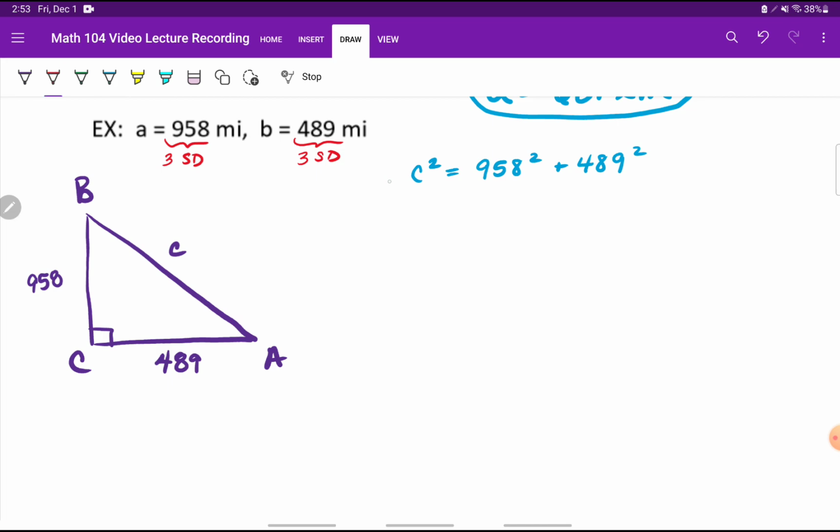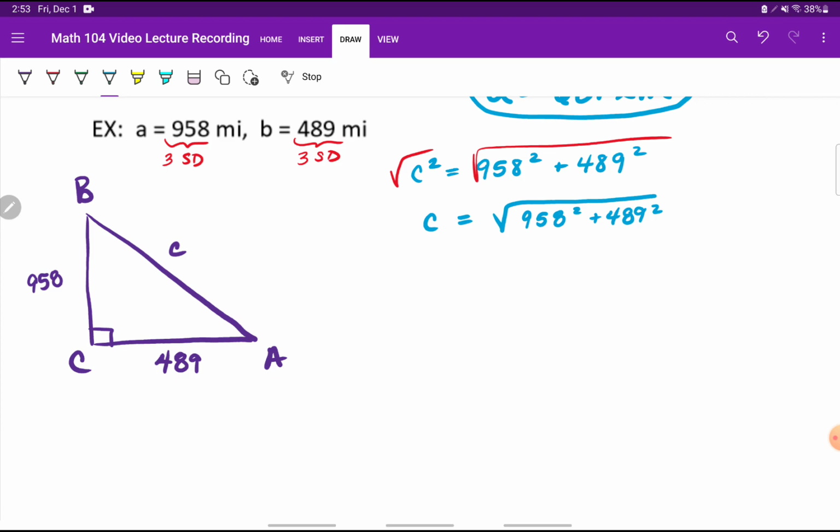And personally, I'd just throw a square root over this whole thing and put it right into my calculator at once. I find when I do a bunch of little calculations, I'm more likely to make a mistake than if I just plug it all into my calculator at once. If you find that's not the case for you, then please feel free to do it, find each of these numbers, add them together, and then take the square root. That's totally fine too.